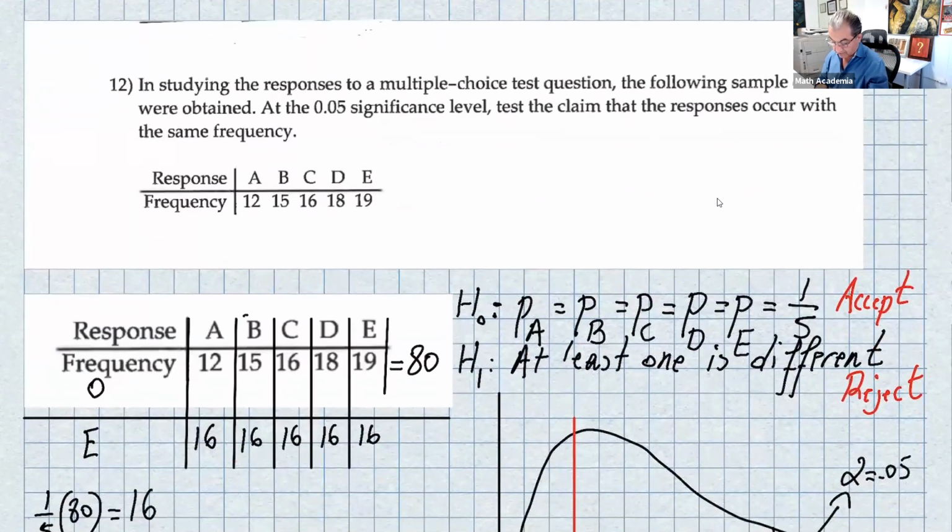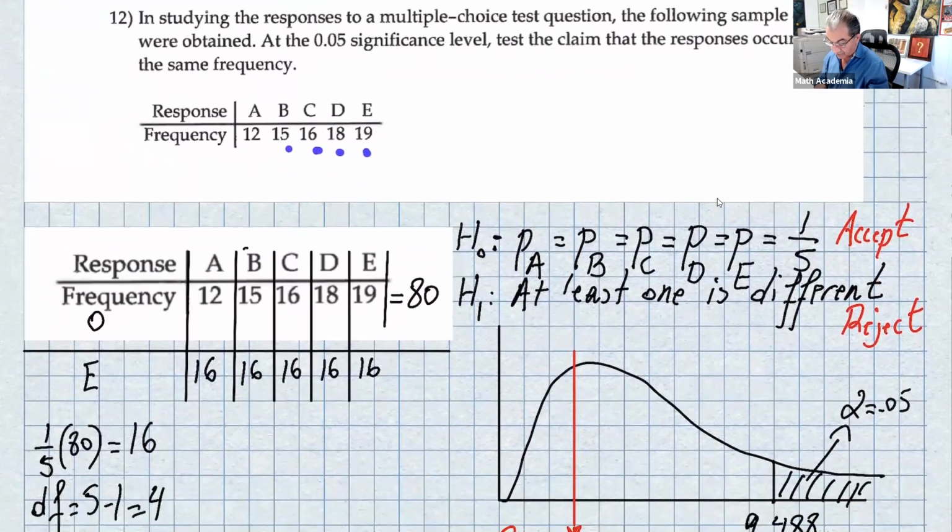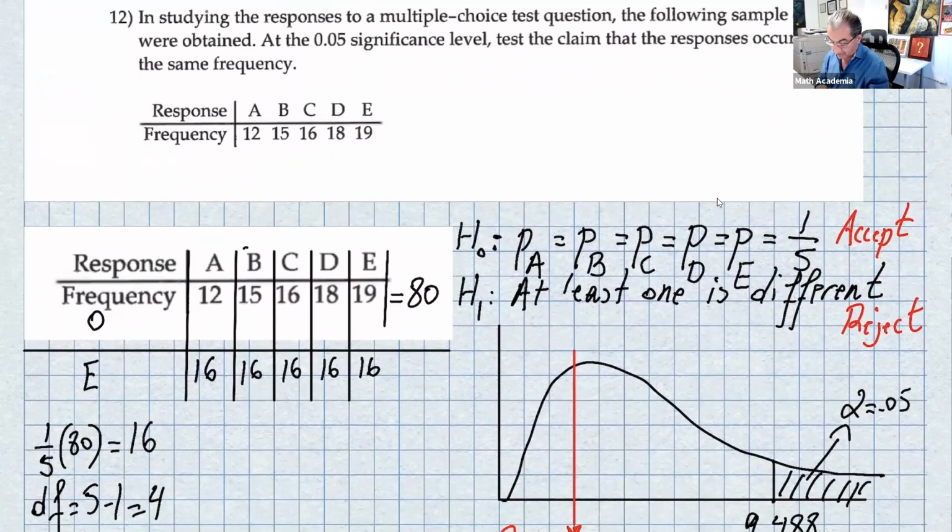So this is pretty similar to what we did. Again, you have A, B, C, D, E, 5 subjects. Observed frequencies are 12, 15, 16, 18, and 19. For the expected ones, since we have 5, it's 1/5.